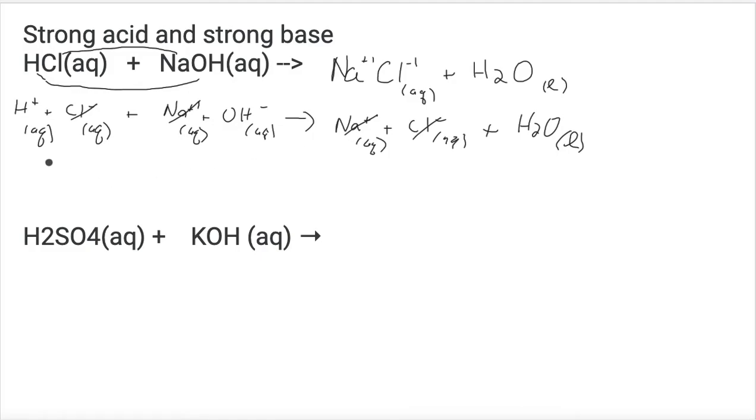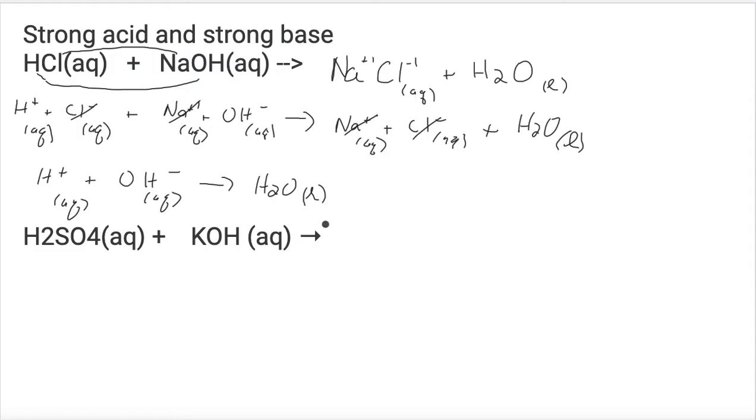So what you have left is H plus plus OH minus, both AQ, gives H2O liquid. So that's the net ionic equation. When you get a strong acid and a strong base like this, a lot of times you get H plus OH makes H2O. Okay, let's try this one down here.